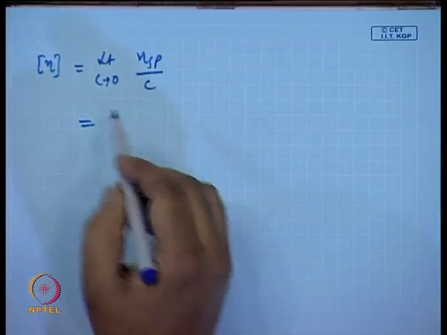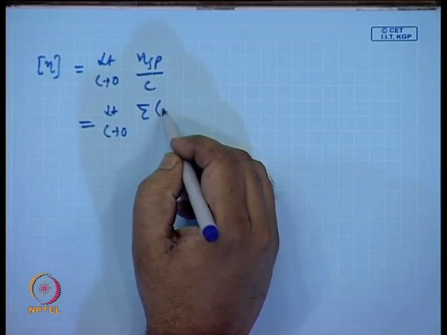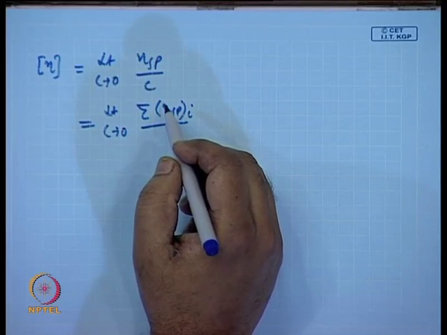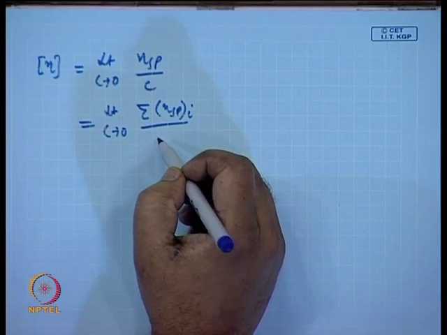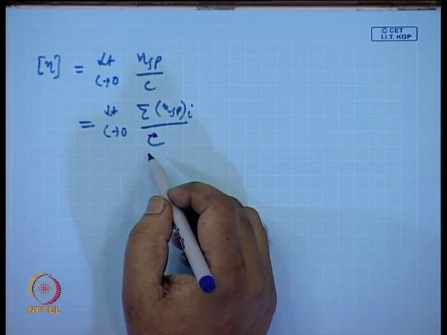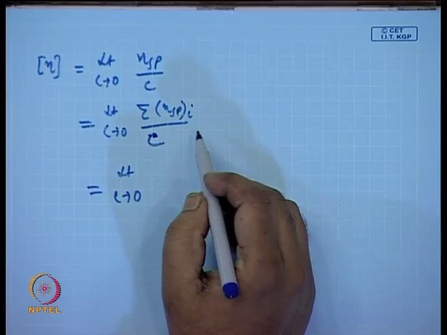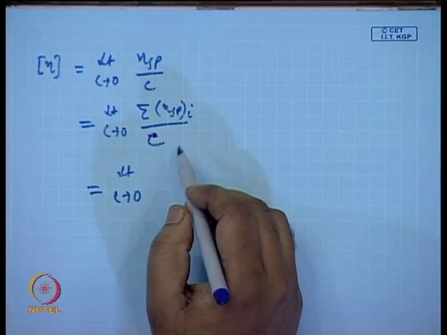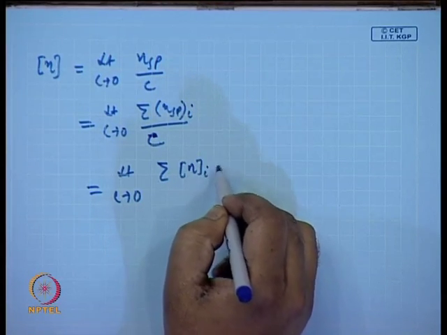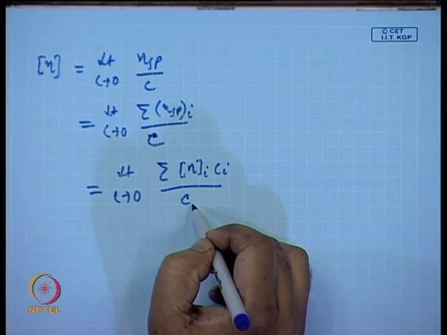Eta specific is given by the summation over i of eta sp i, and we can continue to write this as the summation of eta i C i by C.